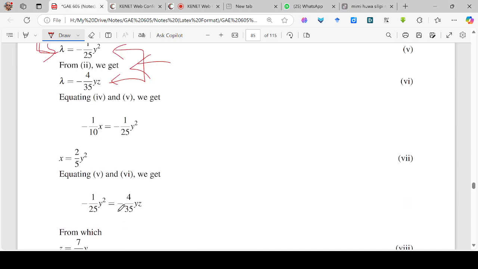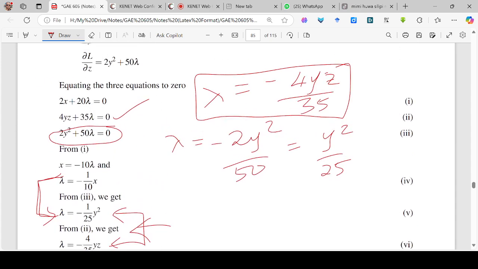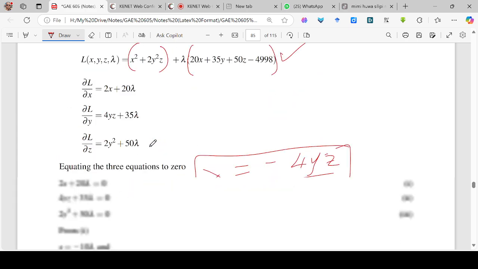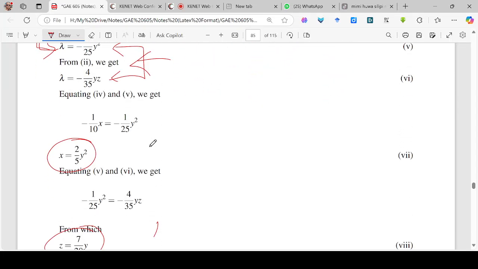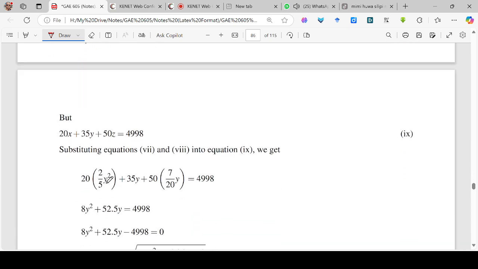Now, once we have these equations, remember we had the constraint, which was the equation we had up here. We can substitute x and z, where x is 2 over 5 y squared and z is 7 over 20y, so that our equation will be in terms of y.